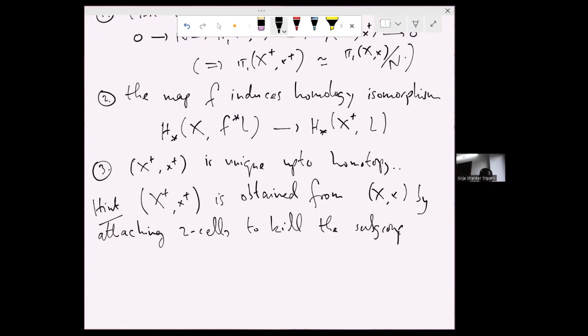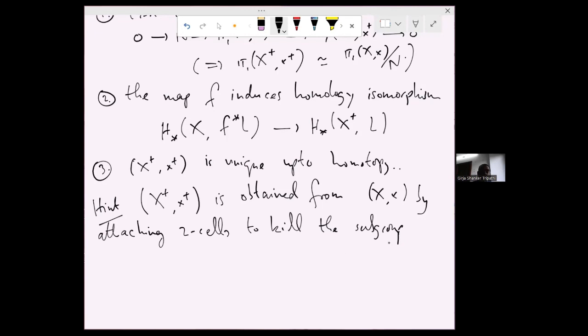This is a general technique. In fact, given an element of the fundamental group, you can kill it by attaching cells and get some space. You end up changing that space, but at least you know that one element of the fundamental group is gone.